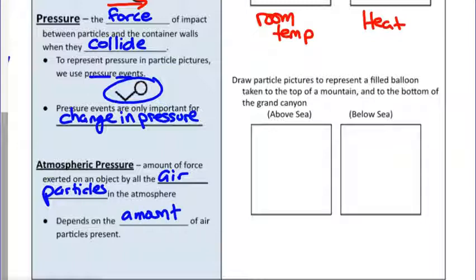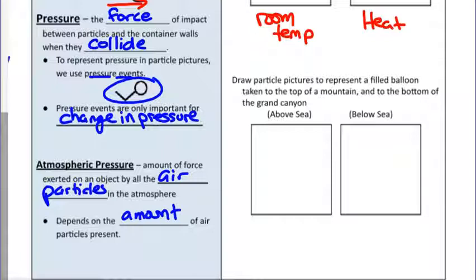The higher up in altitude or up in the air you go, if you've ever heard of, like, at the top of a mountain, they say that the air is really thin. It's because there's fewer particles the further away you get from sea level because gravity starts to get weaker.